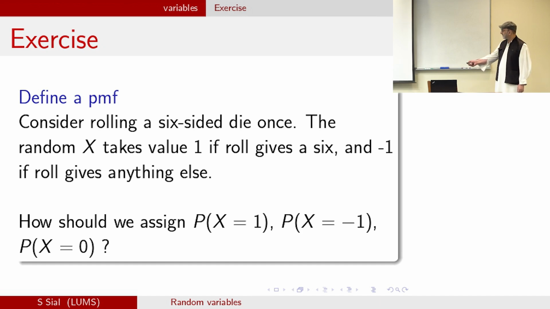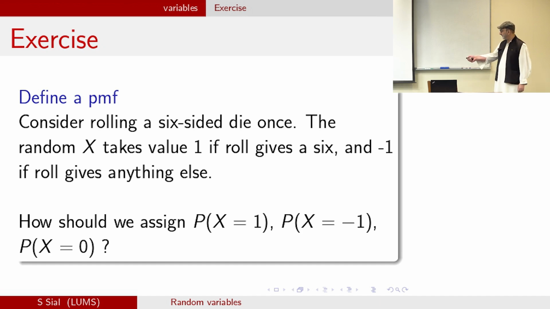Okay, what's the probability that the random variable x takes the value minus 1? If you say 5 over 6. Why? Because the probability that x is equal to minus 1 is the probability of rolling something other than a 6. That's 5 outcomes out of 6 equally likely outcomes.